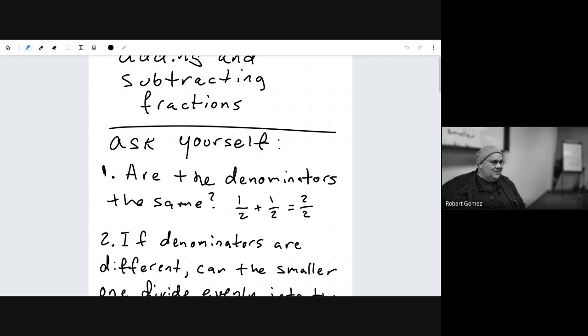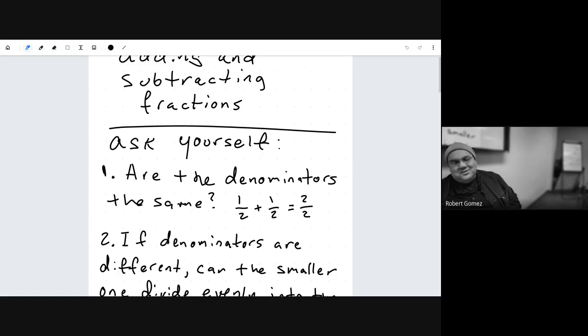I say there are 3 modes: easy, medium, and hard. Easy mode is when the denominators are the same, because all you have to do is add the numerators and the denominator stays the same. So 1/2 plus 1/2 equals 2/2. We just add the top numbers. That's it, and then we have our answer.